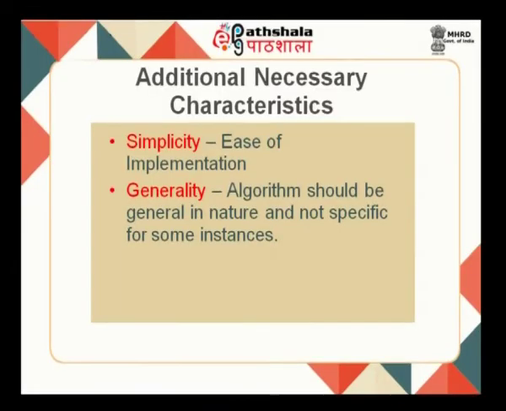And finally, finiteness. An algorithm is supposed to have a finite number of instructions. It can be large, but nevertheless it should be finite, and the algorithm is supposed to terminate. So, termination is also one of the major requirements of an algorithm. These are the additional necessary characteristics of an algorithm.